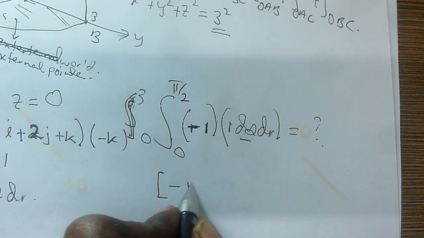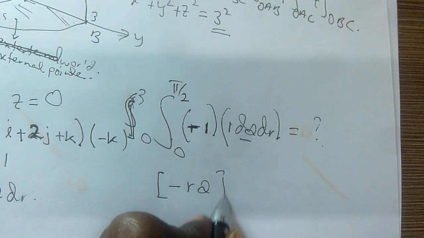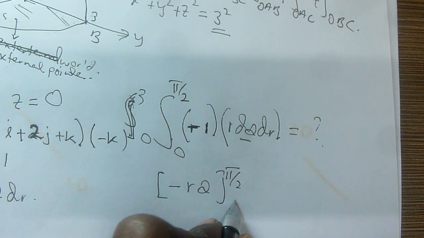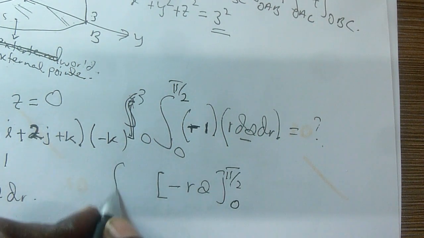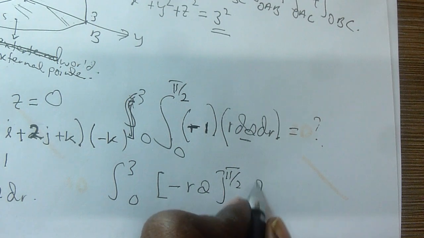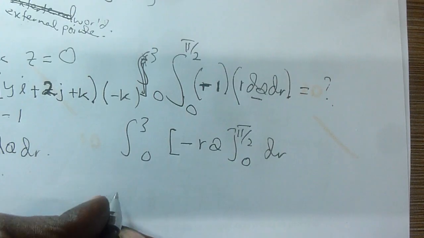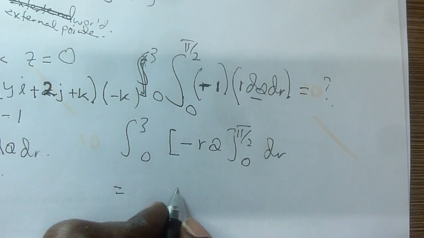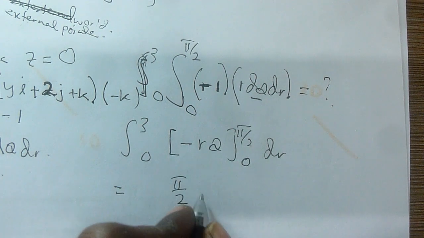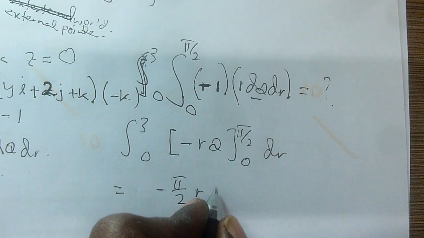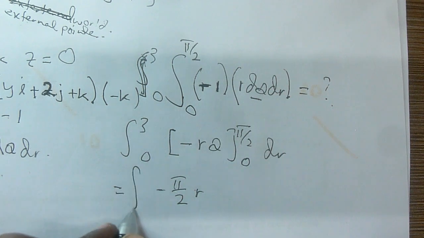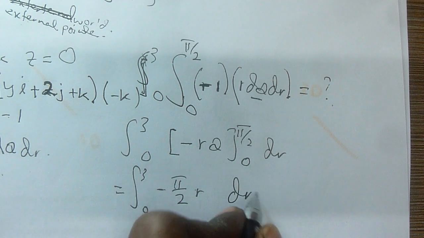Negative rθ, π/2 to 0, which is 3 to 0, dr. Therefore you will get ∫ from 0 to 3 of negative r times π/2, dr.